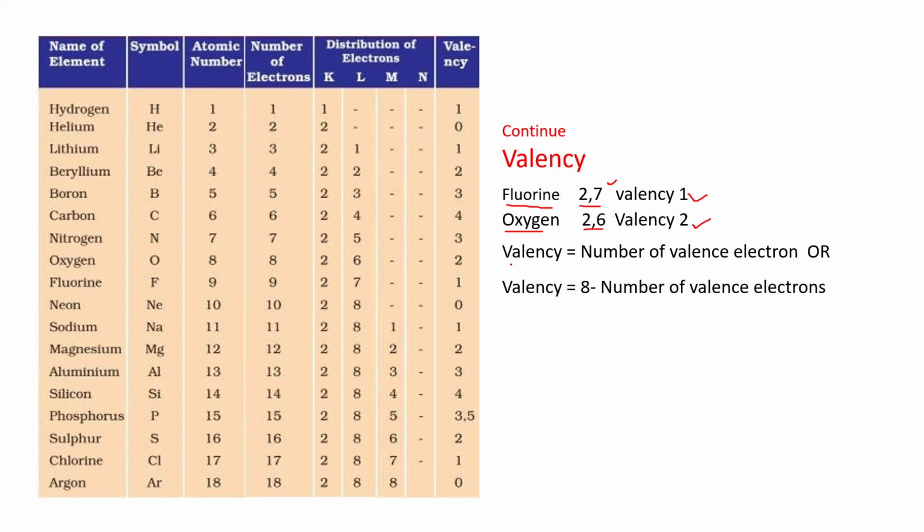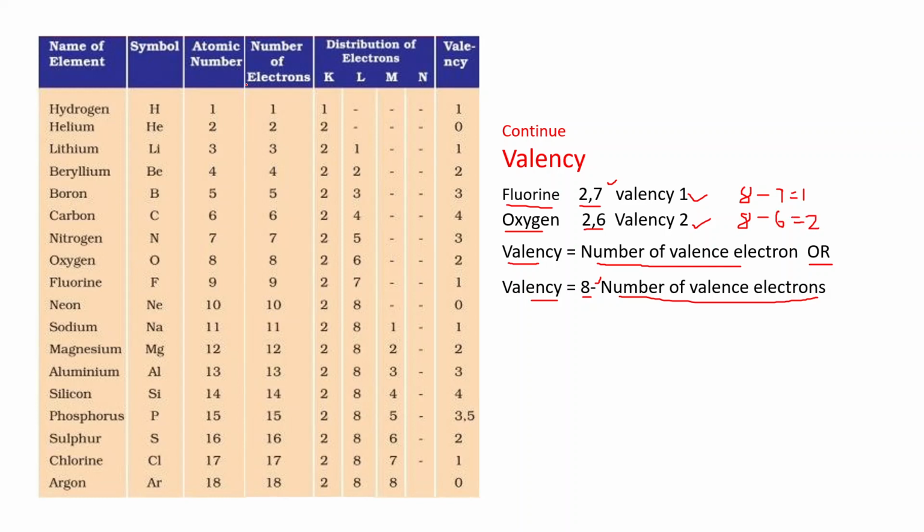So we can say valency is equal to the number of valence electrons, or valency is equal to 8 minus the number of valence electrons. For fluorine, that is 8 minus 7, which comes to 1. For oxygen, 8 minus 6 is equal to 2.